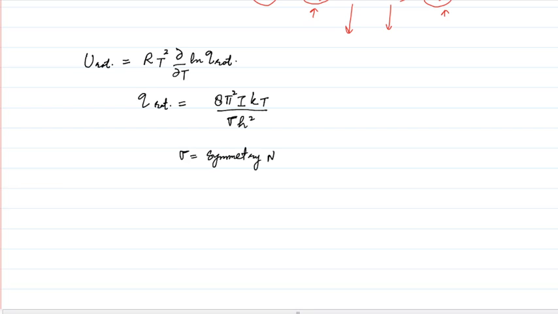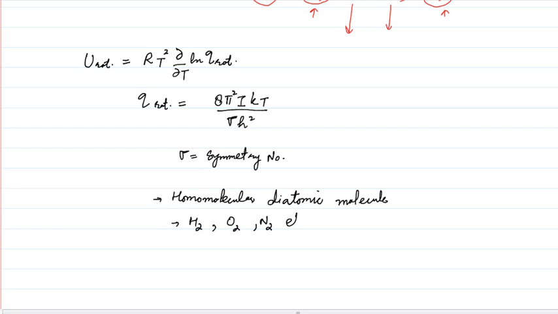If you consider a homomolecular diatomic molecule, for example hydrogen, oxygen, nitrogen molecule, or any homomolecular diatomic molecule, then sigma is equal to 2.